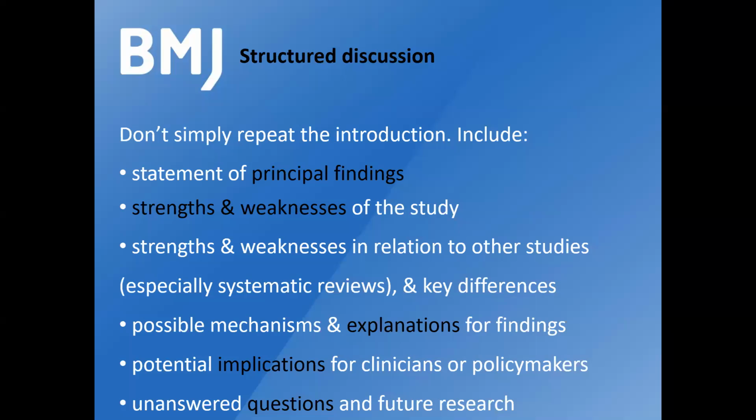Explain what the possible implications might be of your study for the field of quality improvement, or for clinicians or policymakers. There may sometimes be unanswered questions and future research, and you might need to address that.